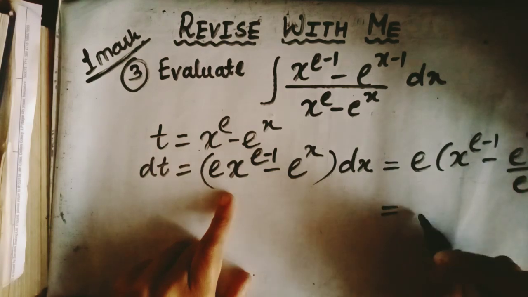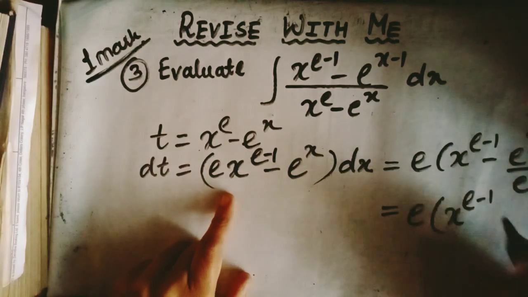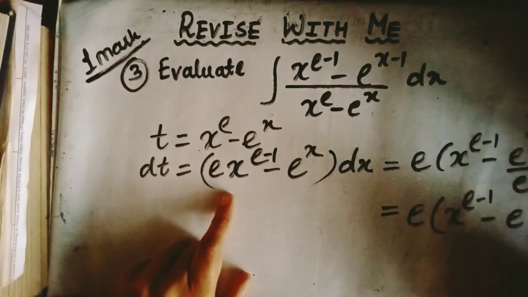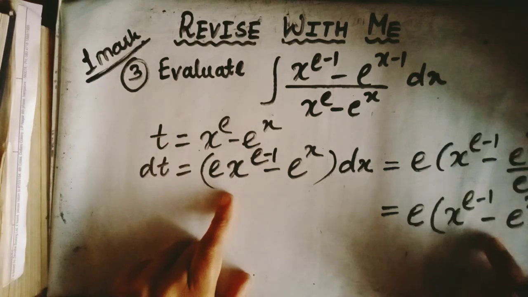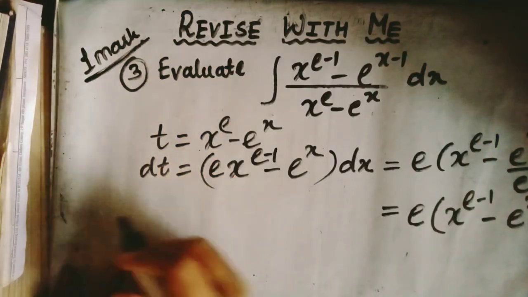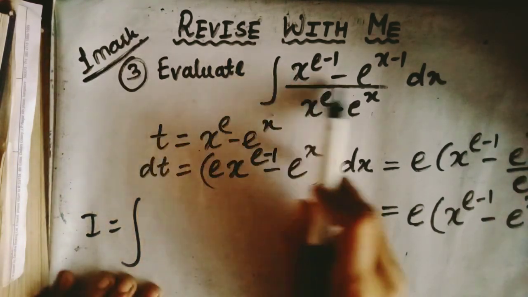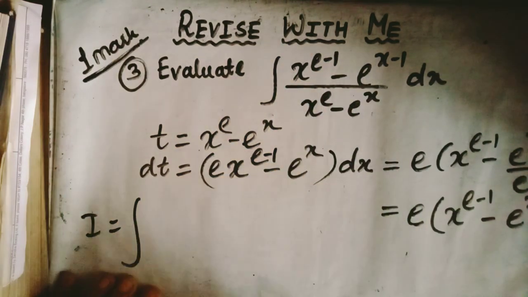So this we can write as e into x raised to e minus 1 minus e raised to x minus 1, and this is nothing but our numerator. Okay, so substituting in the integral, you will get integral, this term will be dt upon e, right?